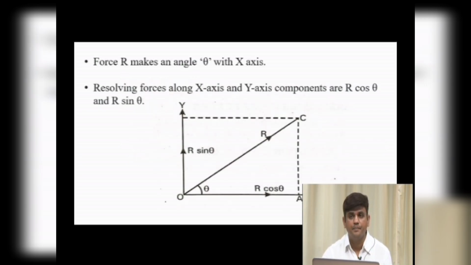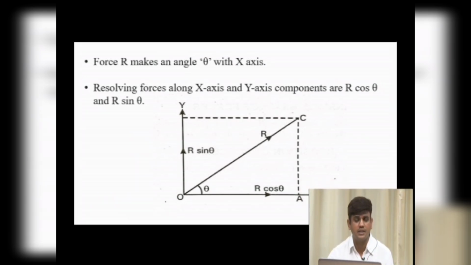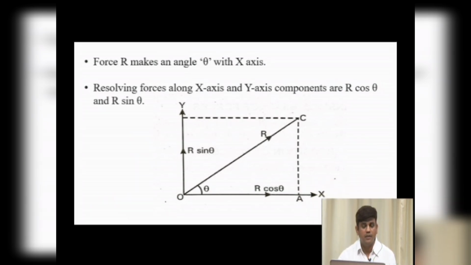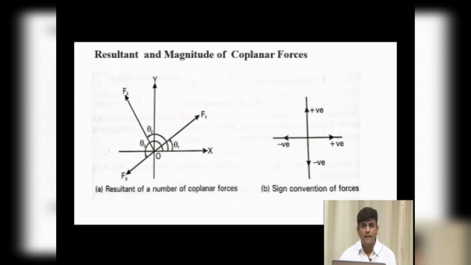How is it? Force R makes an angle theta with the x axis, and we have to observe where the force is making an angle with the x direction. Now we can resolve the force into x axis and y axis, and the components are R cos theta and R sin theta.